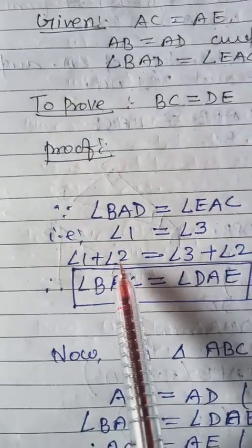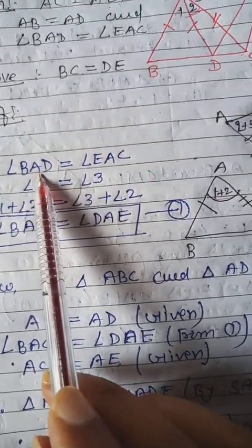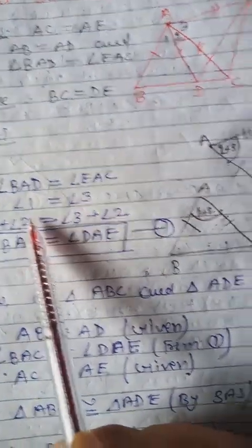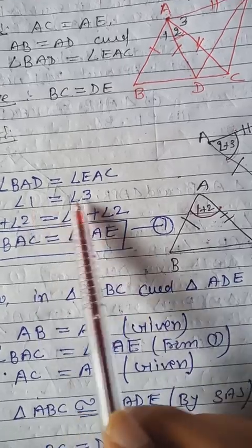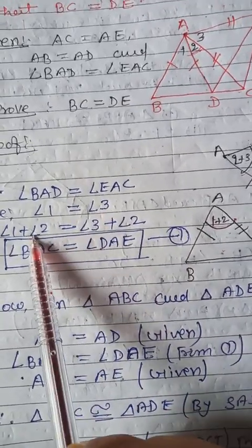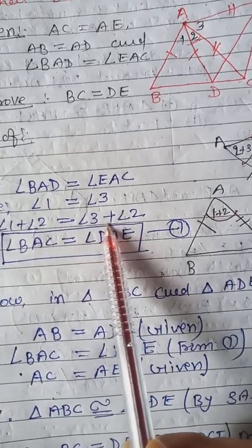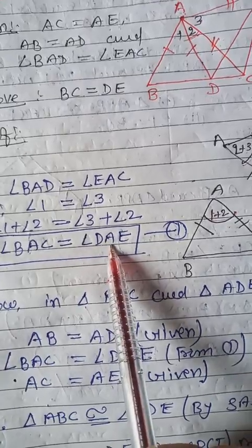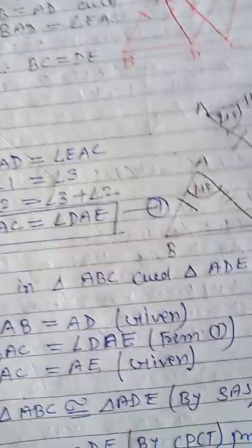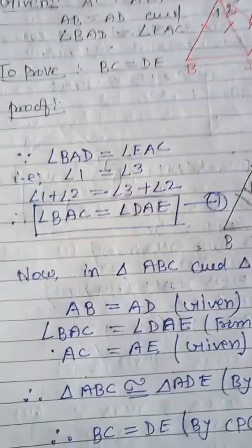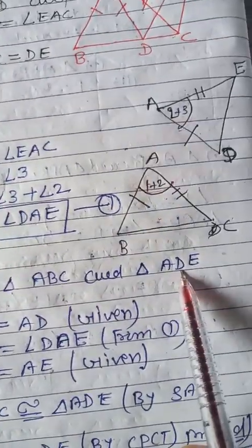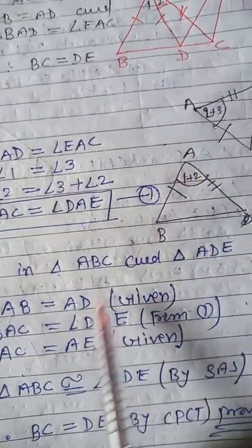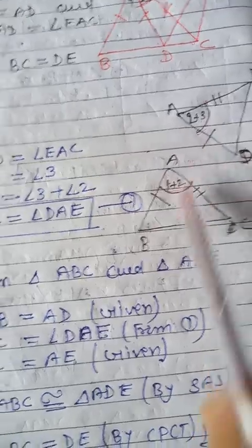So here, angle BAD is equal to angle EAC, this is given. So we can write here angle 1 is equal to angle 3. Again, equal angle is added in both sides. So angle BAC is equal to angle DAE. This is equation first. Now in triangle ABC and triangle ADE, AB is equal to AD, given.